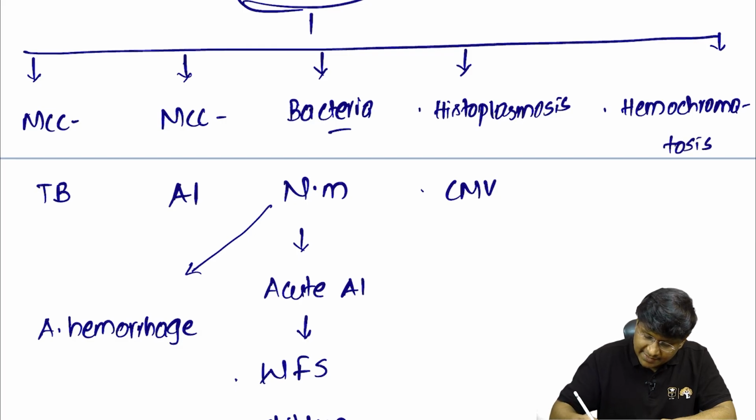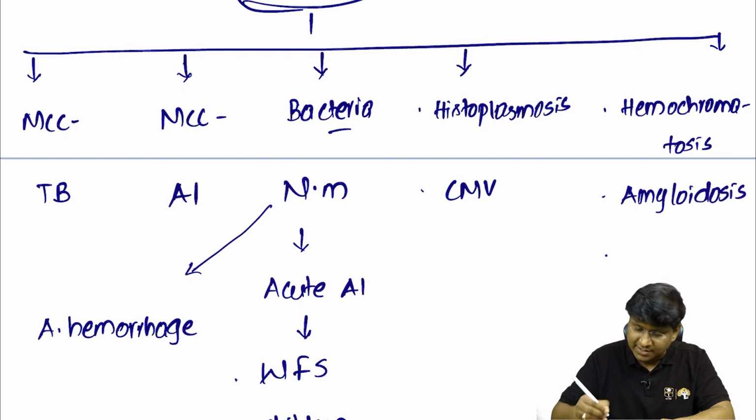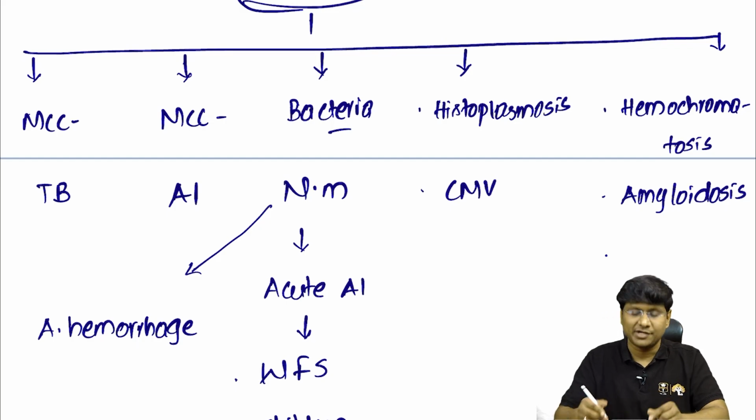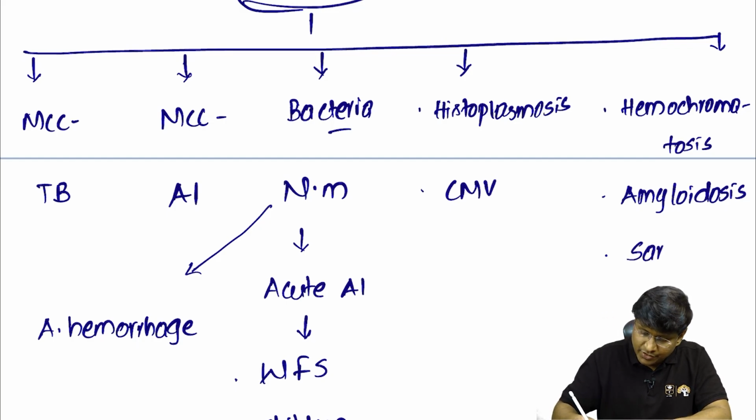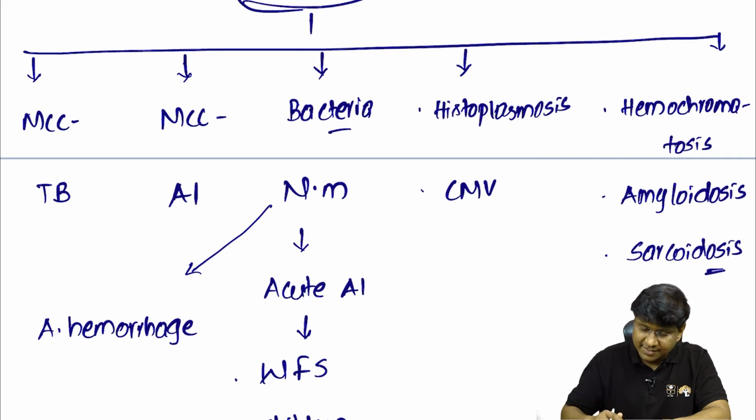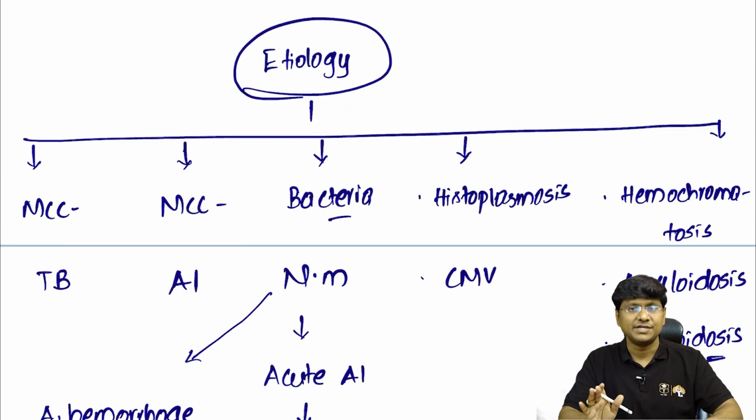The other important etiology will be amyloidosis, where there is abnormal accumulation of abnormal protein within the adrenal gland. And the other important etiology is sarcoidosis, where you have accumulation of non-caseating granuloma within the adrenal gland. So these are the etiologies that will be causing Addison's, which is nothing but primary adrenocortical insufficiency.